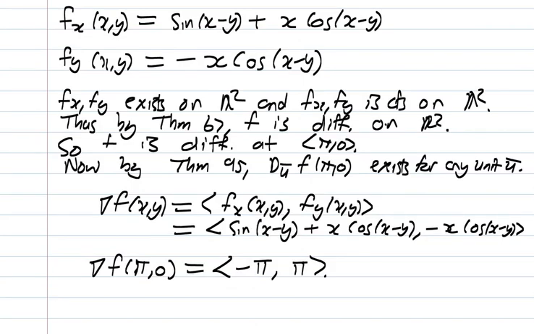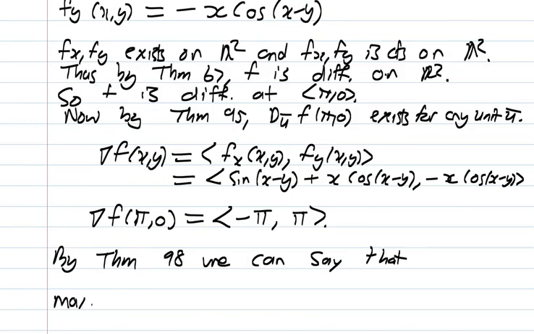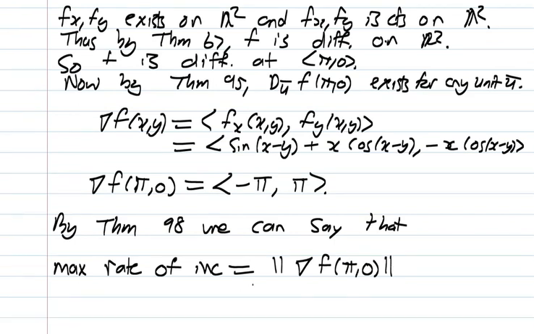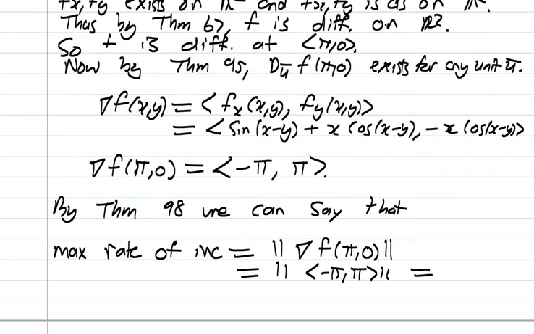So by theorem 98, we can say that the maximum rate of increase equals the norm of grad f, because this is the upper bound of the directional derivative. So we're interested in the norm of (minus 5, pi), and this works out to be root 2 pi.